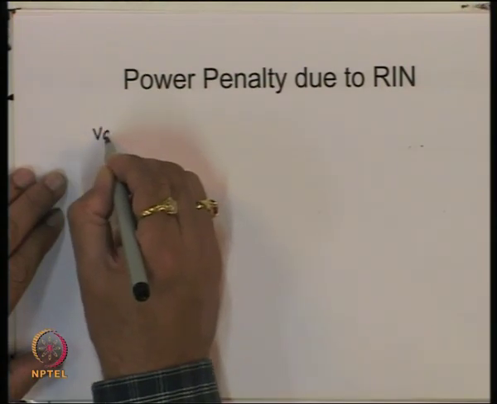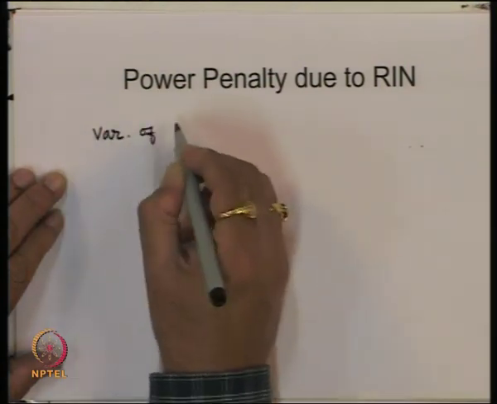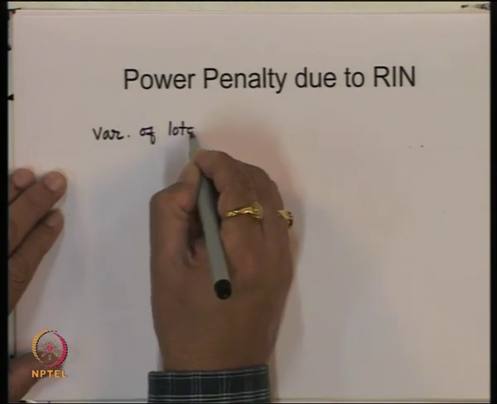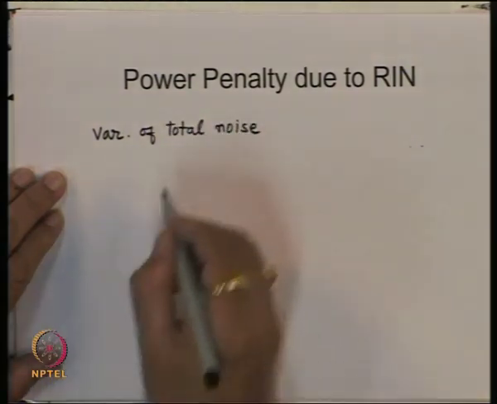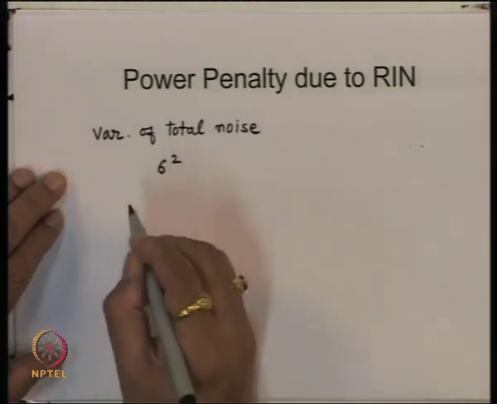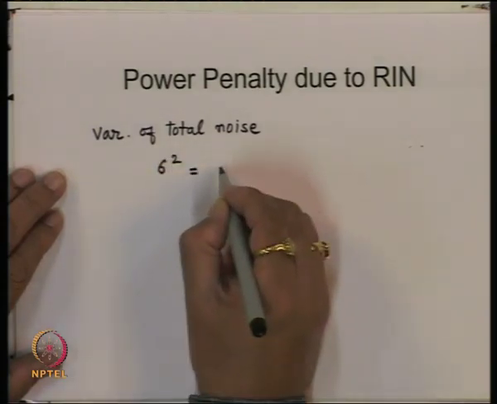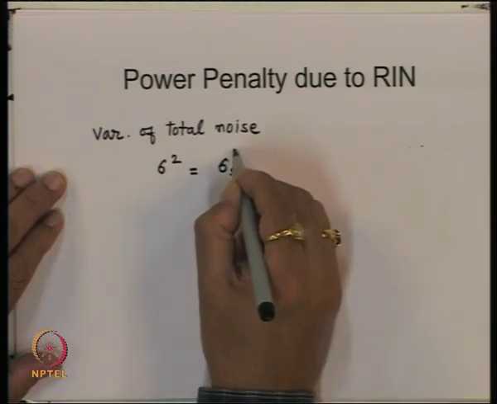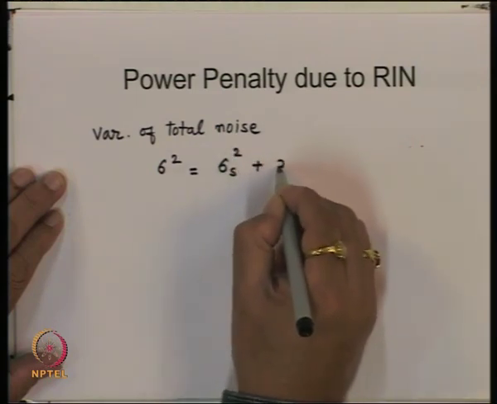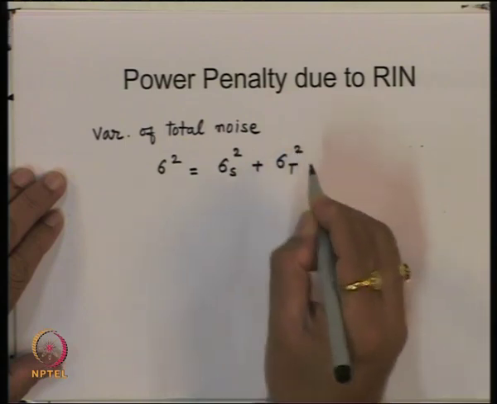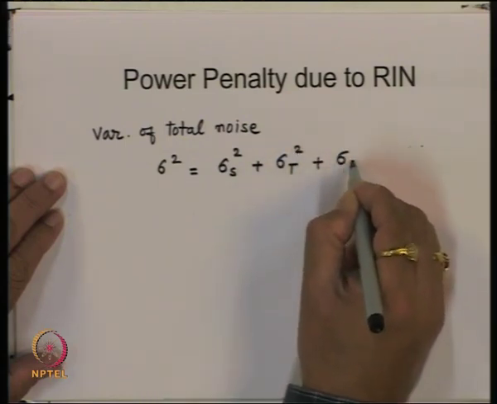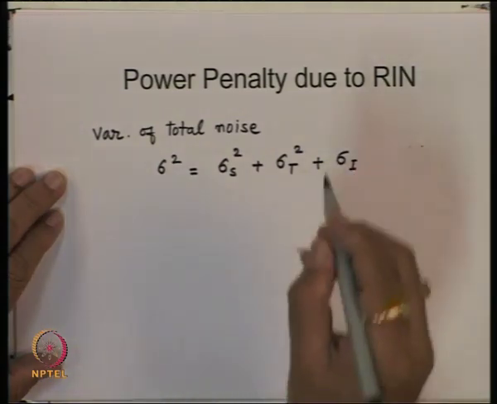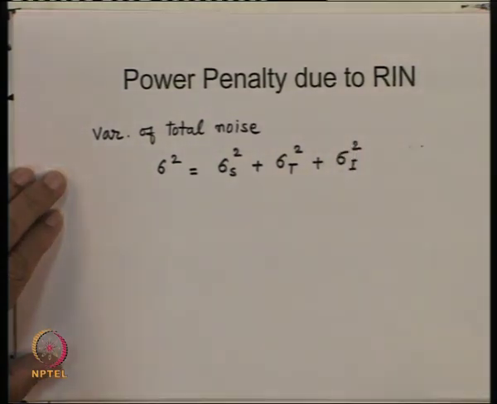Let us say this is the variance of the total noise. Sigma square will be equal to sigma shot noise square plus sigma thermal square plus the additional noise which is the relative intensity noise, which we denote by sigma I square.